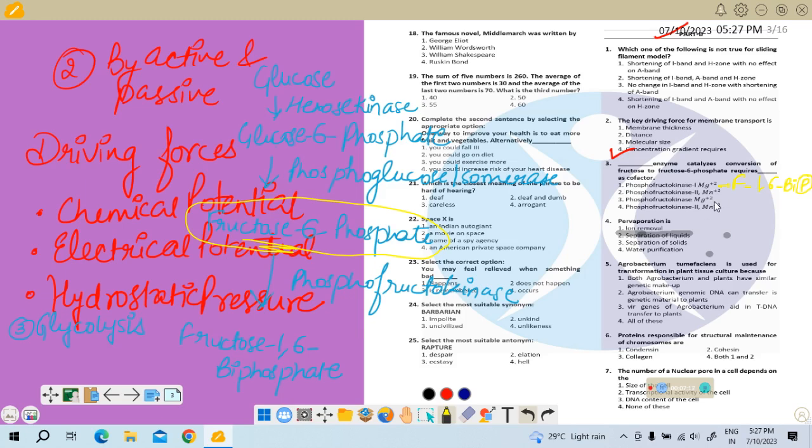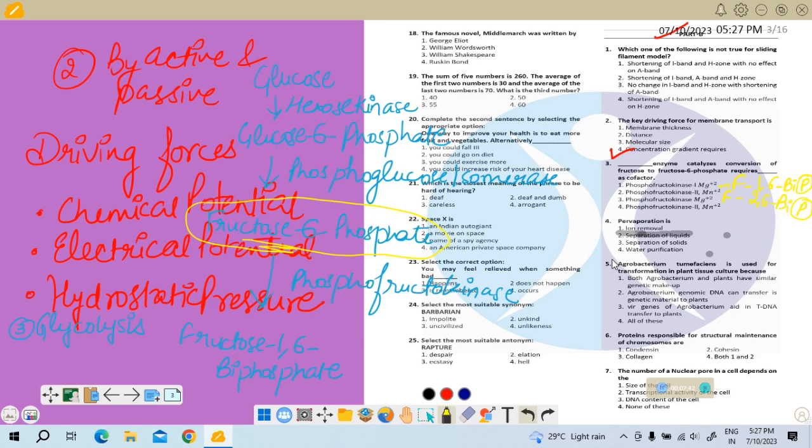Now phosphofructokinase 2, this is manganese, Mn2+. This is responsible for fructose 2,6-bisphosphate.